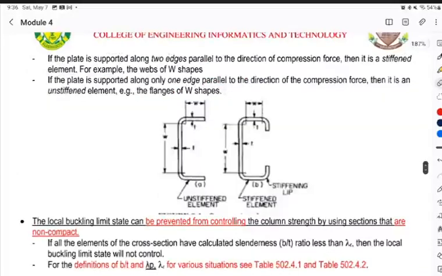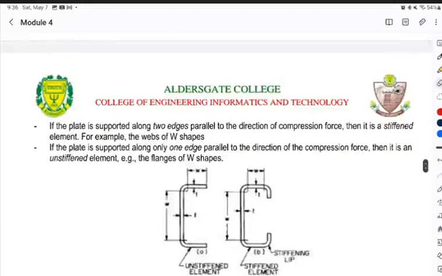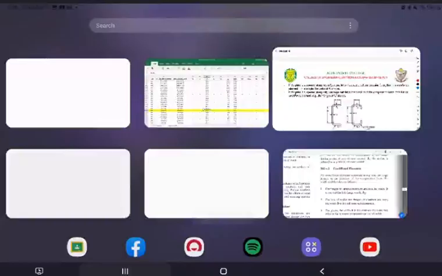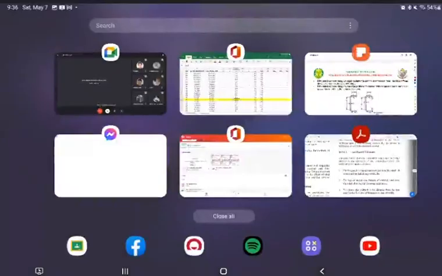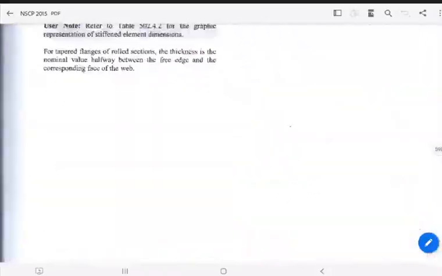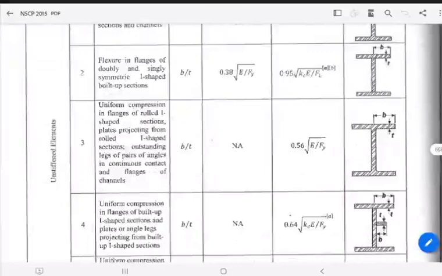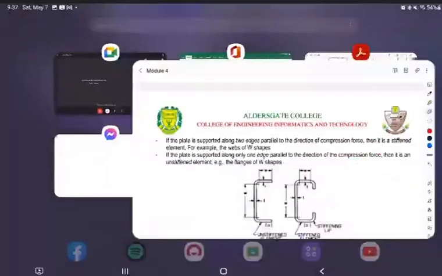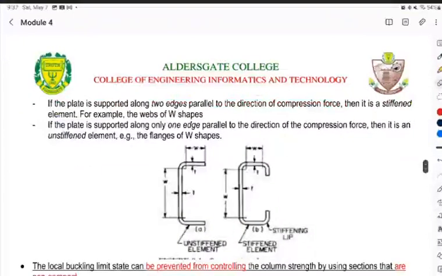If the plate is supported along two edges parallel to the direction of the compression force, then it is a stiffened element. Anyway, dito naman sa table makikita natin if it is stiffened or unstiffened element. Alright? Sabi niya, it is supported.